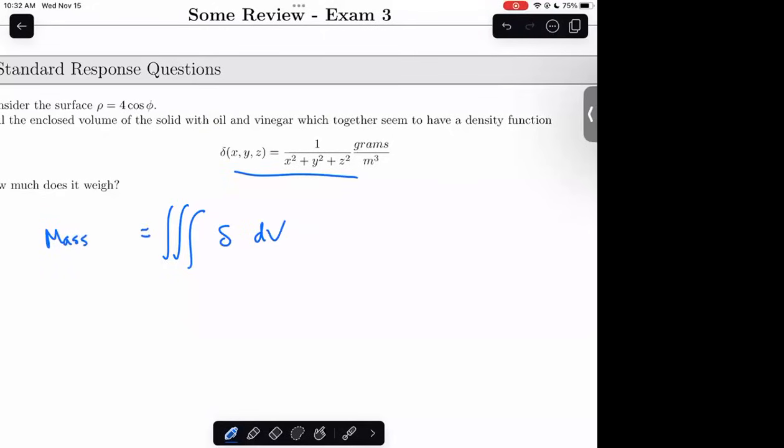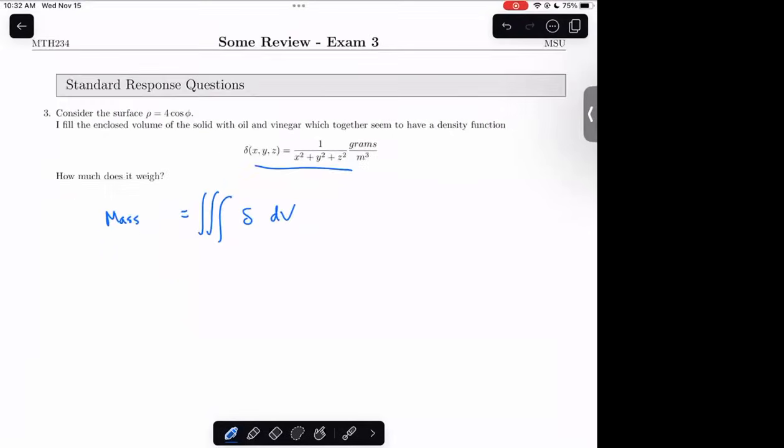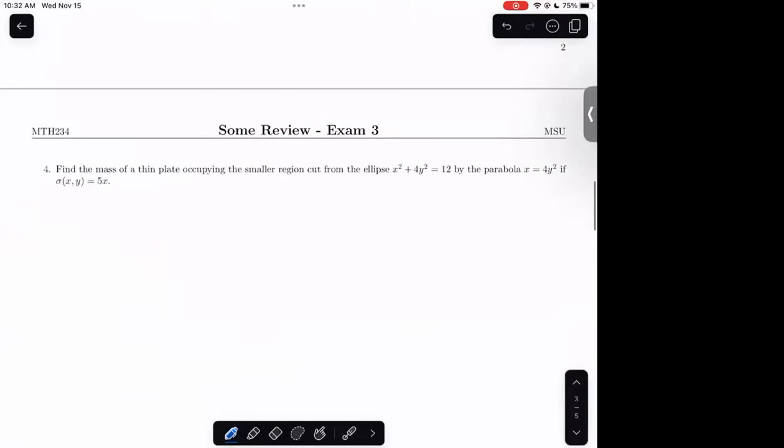We also saw situations, and in fact my next problem is the same sort of question, but now in a 2-dimensional setup, right? We have a thin plate, a lamina, and we're interested in finding the mass of a 2-variable density function. So we have seen this situation for both 2 variables and 3 variables.